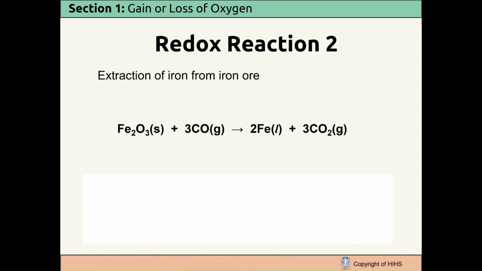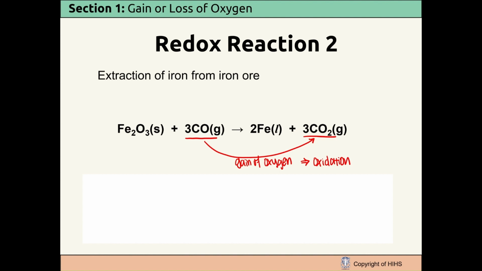So iron 3 oxide reacts with carbon monoxide to form iron and then carbon dioxide. So we will focus on your carbon monoxide first. Carbon monoxide, there's 1 oxygen. Carbon dioxide, 2 oxygen. So this is a gain of oxygen. If it's a gain of oxygen, this is an oxidation reaction. Okay, so how about your iron oxide?